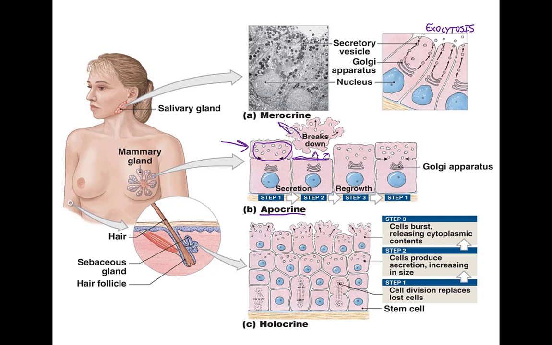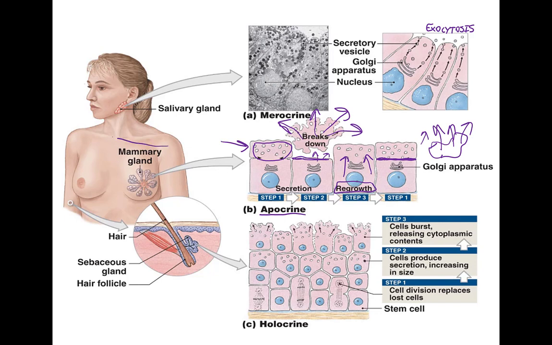It breaks down, and the secretory products are released into the body as that top portion of the cell dissolves and disintegrates. Meanwhile, the bottom part of the cell regrows a new top, filling it with all new product, until eventually it breaks off that new top portion of the cell again, and once again that now broken down, dissolving portion of the cell releases its products out to the rest of the body, okay? Or to wherever those products are destined.